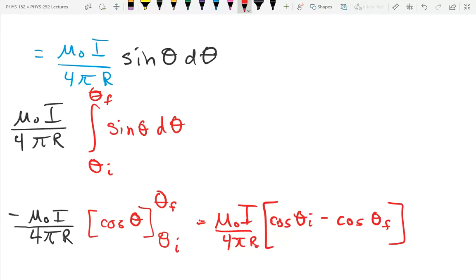So there's my equation for the magnetic field created by a current going through a wire. And it's all beautiful and perfect. I can leave it right there. But I do want to check it to see what I would have for an infinite wire.